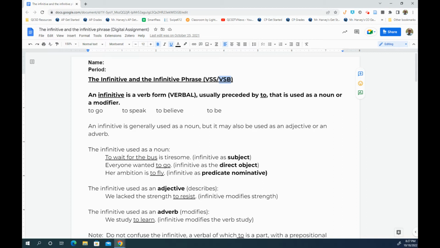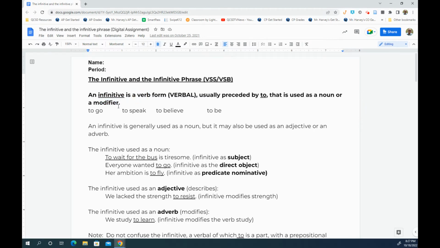So previously, we've studied the participle, which is a verb used as an adjective, and the gerund, which is a verb used as a noun. In this case, the infinitive is a verb that is used as a noun or a modifier, so it can be used as an adjective or an adverb.